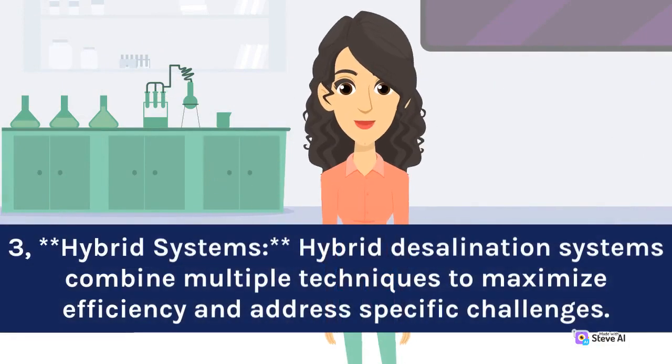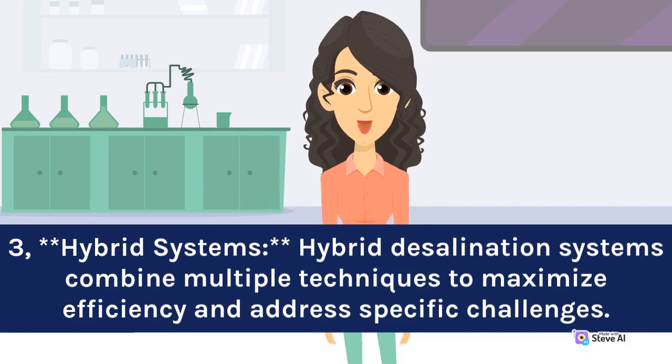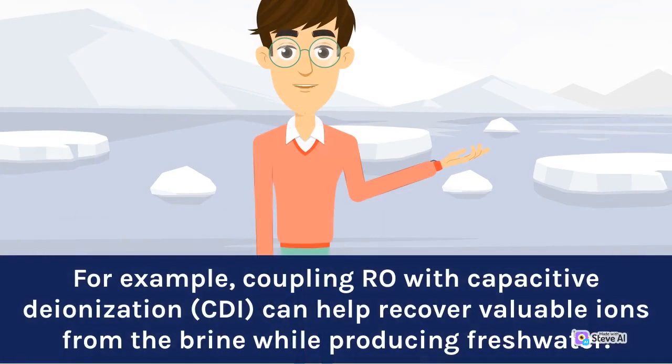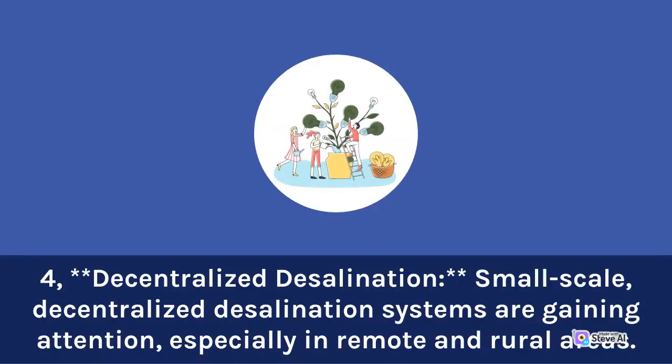Hybrid desalination systems combine multiple techniques to maximize efficiency and address specific challenges. For example, coupling RO with capacitive deionization, CDI, can help recover valuable ions from the brine while producing freshwater. 4. Decentralized desalination. Small-scale, decentralized desalination systems are gaining attention, especially in remote and rural areas.